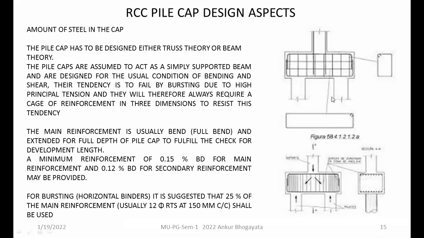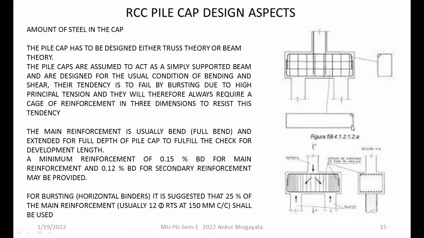Suppose you have a symmetrical location of piles, like 4 piles, there is no option for you other than providing lateral and vertical stirrups in both directions. In that case it will acquire the shape of a box, right? Otherwise, when the area is sufficiently large for a pile cap, you can avoid these kinds of stirrups in respective directions.